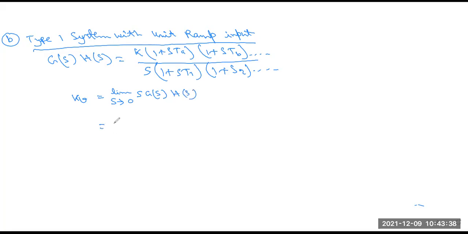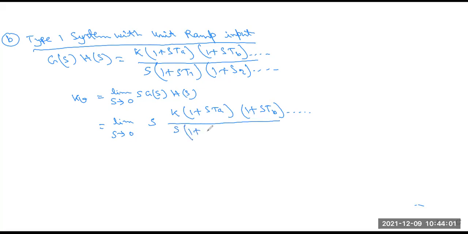We put the value of the transfer function: limit s tends to 0, S into K into (1 plus STA) into (1 plus STB). These are basically the different zeros TA, TB, TC up to TN, the n number of zeros.